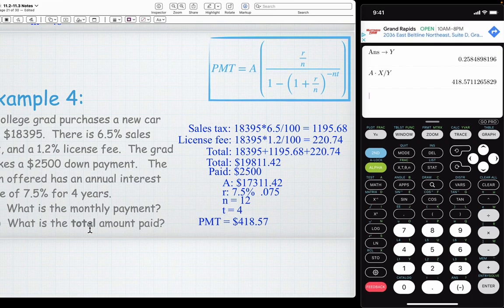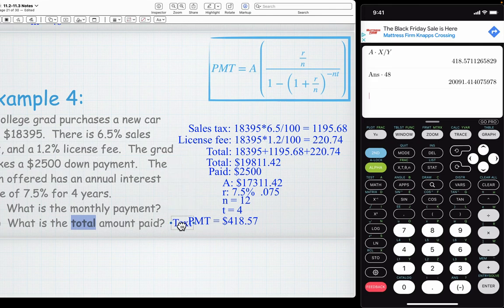The total amount paid is the monthly payment times 48, because we made 48 payments, right? So if we multiply this by 48, we get $20,091.41.